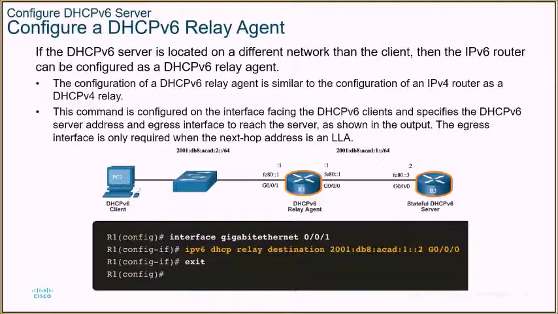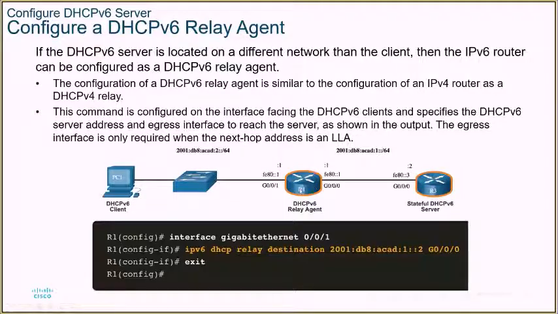Okay, so the last thing we haven't spoken about yet is a relay agent. We did helper address last chapter. Well, they've actually changed the command basically for IPv6. They've done a lot of that. So here we've got a client that needs to get DHCP information, but the server is actually this one here.